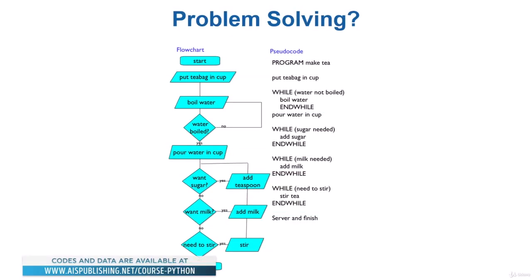Okay, in the last video we saw flowcharts and pseudocode. We took a very simple example, computing the salary or pay of an employee of a company given hours and rate.